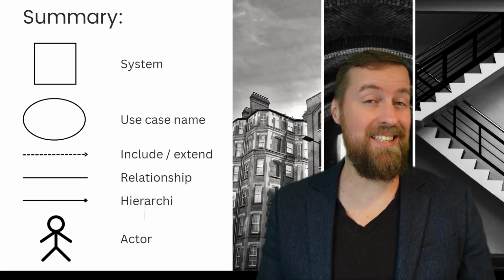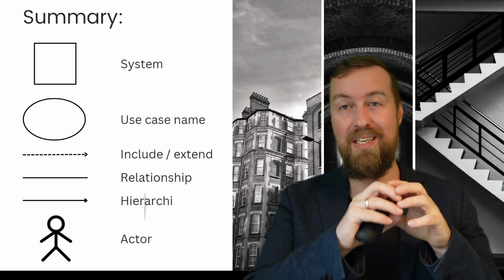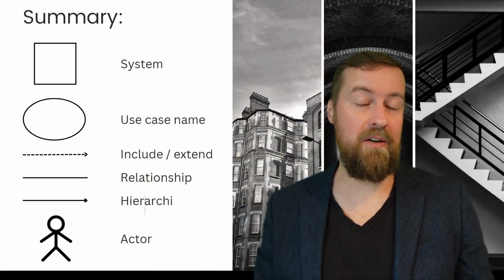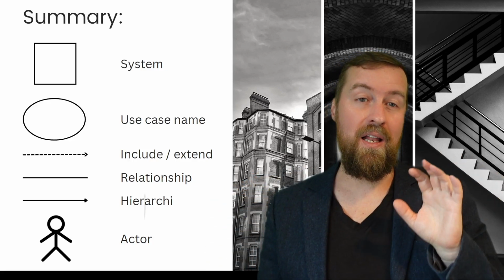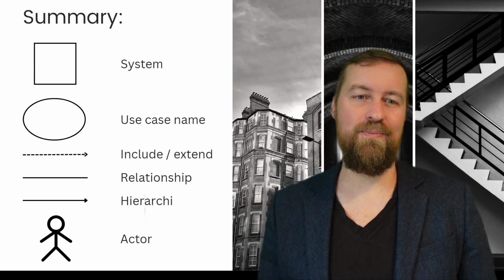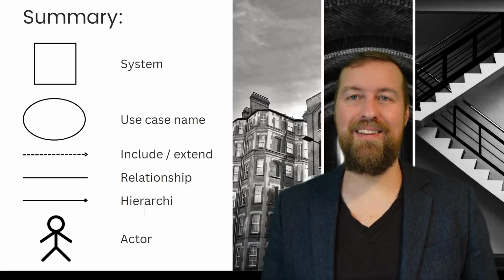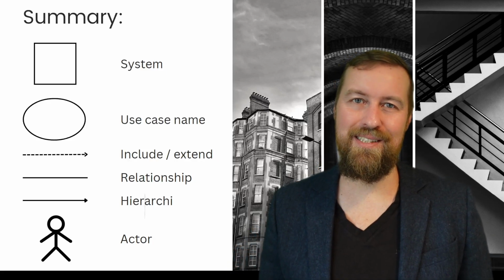Sometimes people have a tendency of putting arrows on relationships because someone is interacting with something else, so one is the instigator of it. Still, just a line, no arrow. And lastly, the actor. This is me here in this video using the recording system in a use case as recording video.